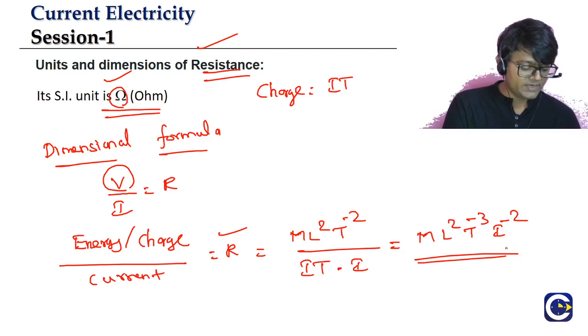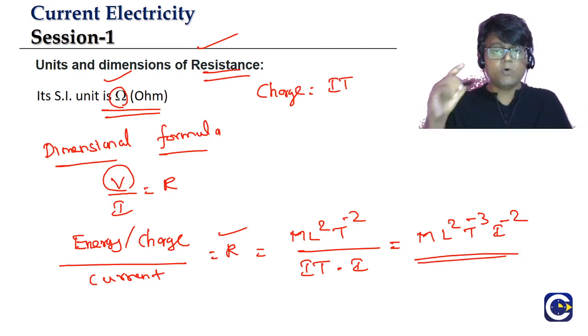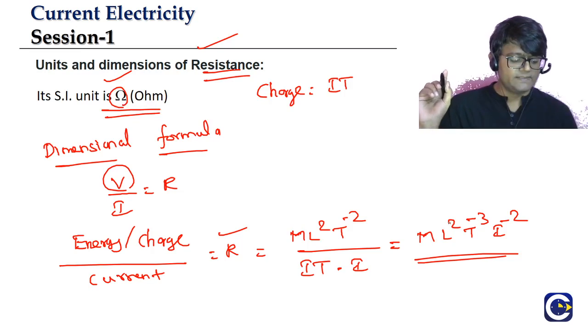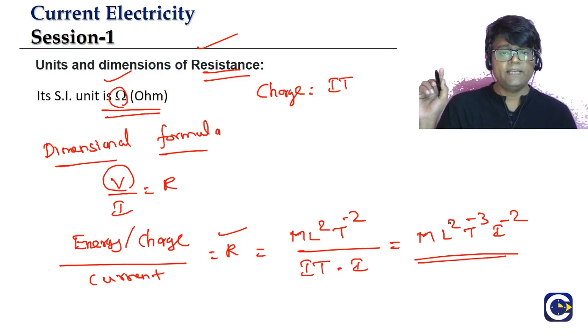Just make a note of it. Whenever we get a new physical quantity, always be ready, as we can have questions on the dimensional formula. Are you also able to get the same dimensional formula?